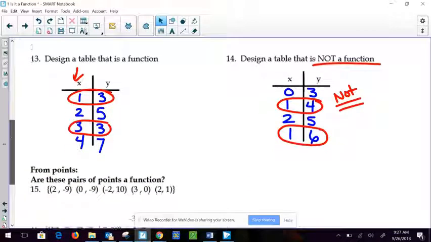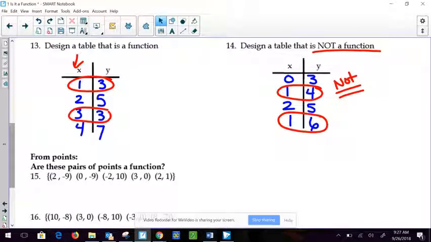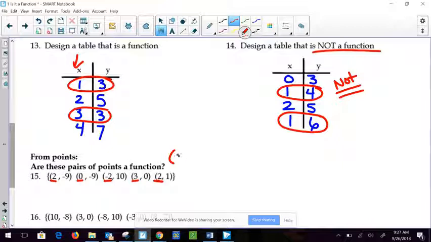Great job today. I hope you guys had a good time answering these kind of questions. If you look at the bottom, it's just ordered pairs. Don't let these throw you off at all. We are again just going to look at our x values here. So we have an x value of 2, of 0, of -2, of 3, and 2. Again, I'm only looking at the x value. For those of you who need a reminder, remember a point goes x, comma, y.